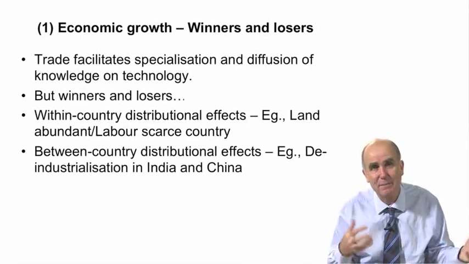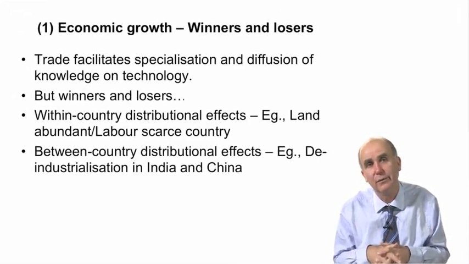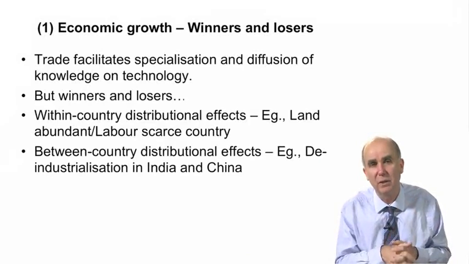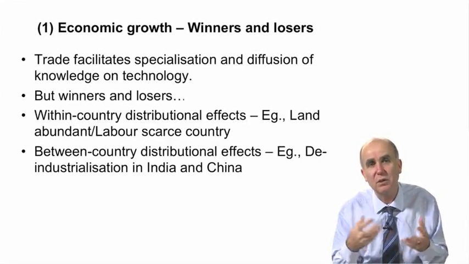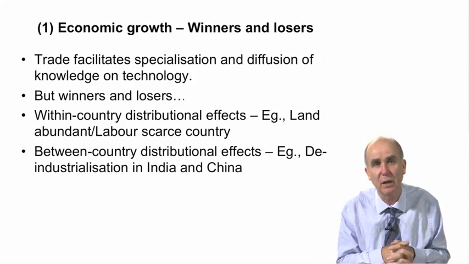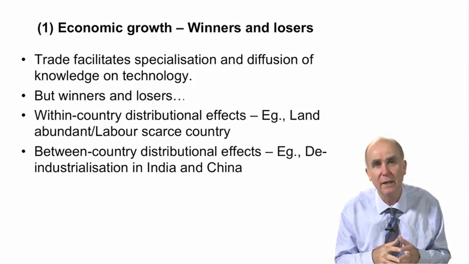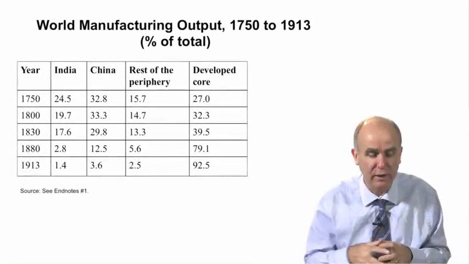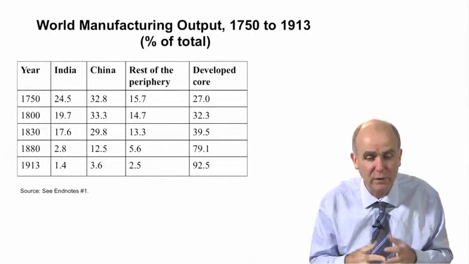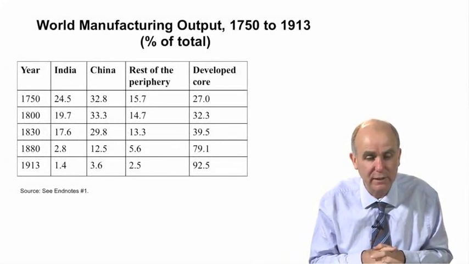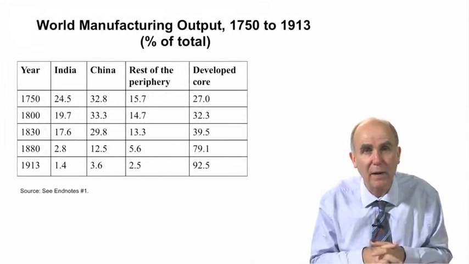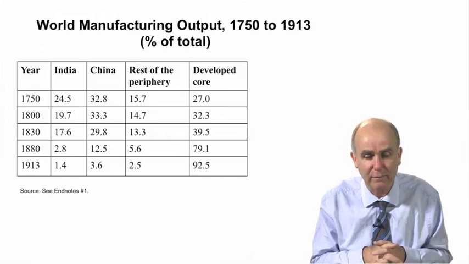The other aspect of winners and losers is that there were countries that gained overall, but it seems that there were countries that lost overall from this period as well. And the main example that's usually identified during this period is the deindustrialisation that occurred in India and China. So if we go back to before the Industrial Revolution, you can see that India and China were major producers of manufacturing output.